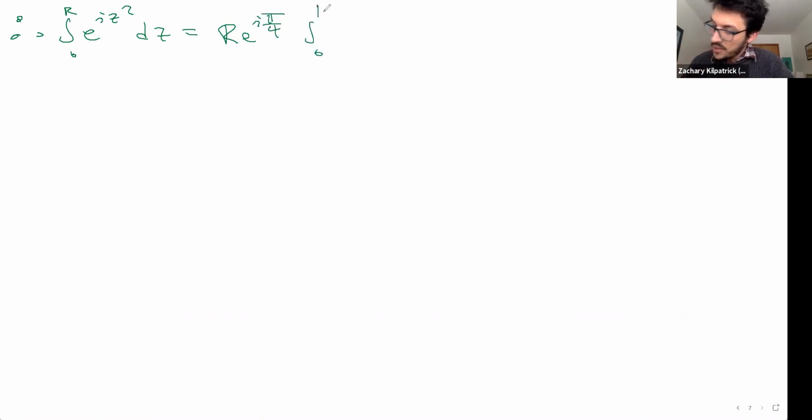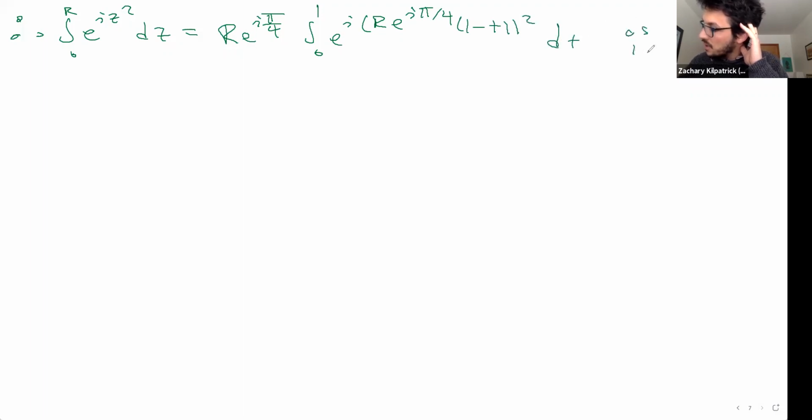The integral from 0 to 1, you would imagine this is going to generate some factor of 1 over r to cancel out that r out front. r e to the i pi over 4, 1 minus t, whole thing quantity squared dt. And that's going to hold as r goes to positive infinity.